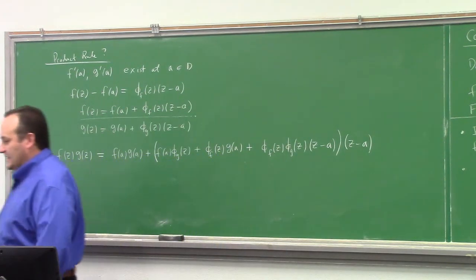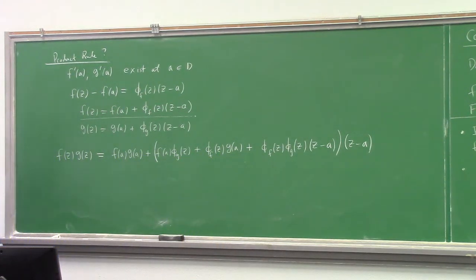So this is an identity that is just obtained from multiplying the equations written right above it. But I argue what this shows you is that the product of f and g is in fact complex differentiable.